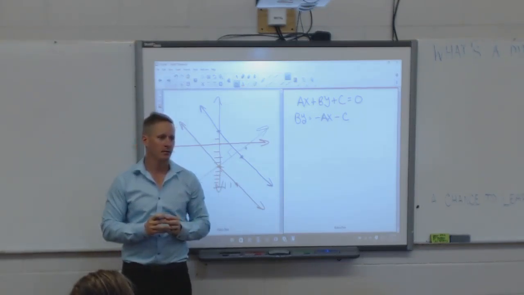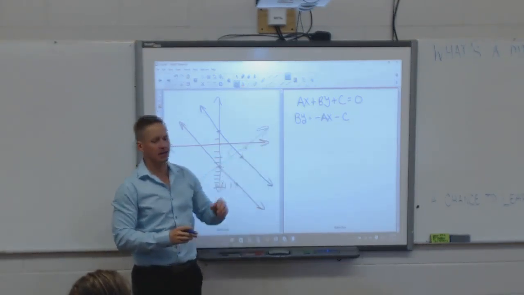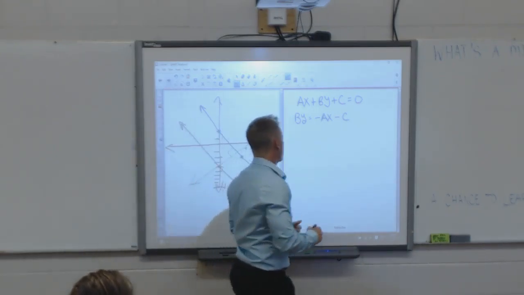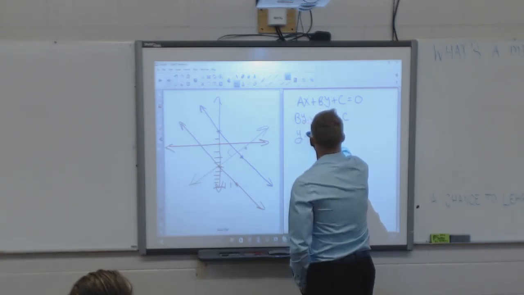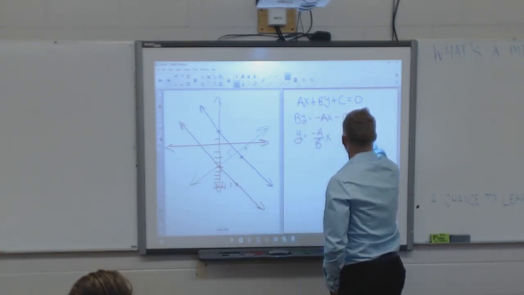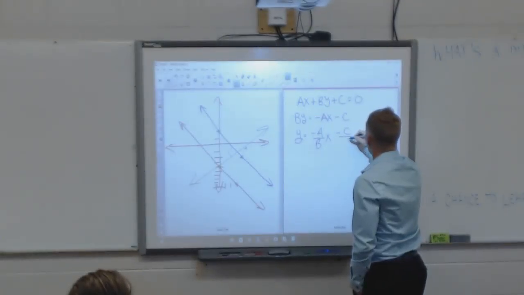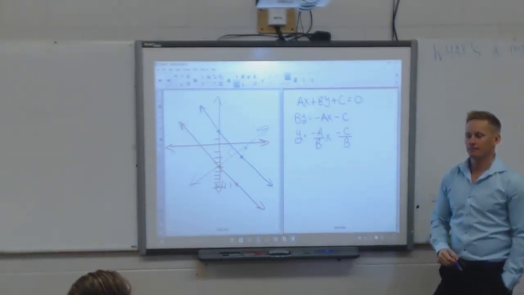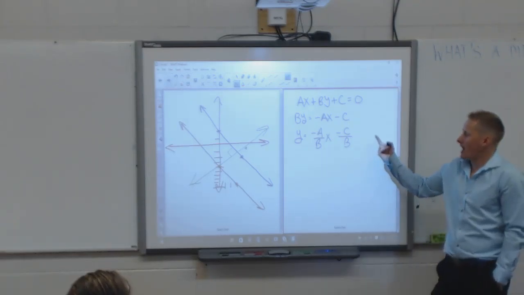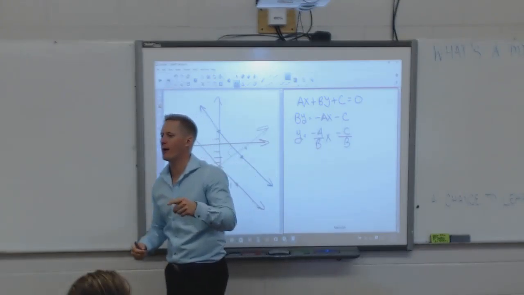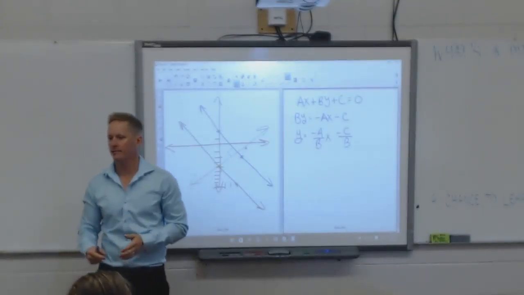Okay? What's the last step to get y by itself? Divide by b. Okay, so let's do that. Y is equal to minus a over b, x minus c over b. Okay? I'm just dividing. What's the other way to talk about dividing? Well, I'm multiplying each by 1 over b.